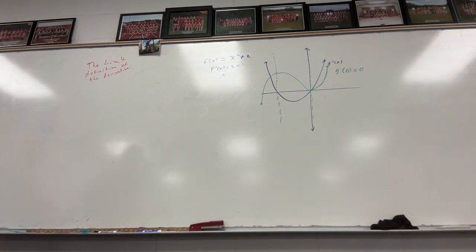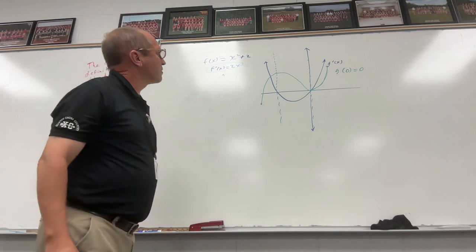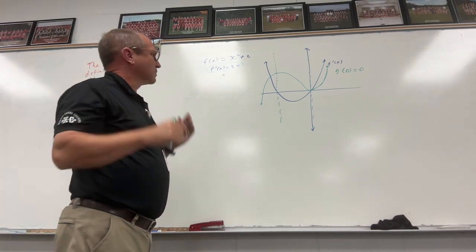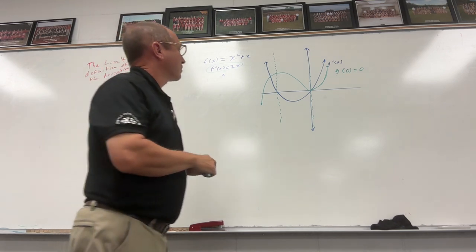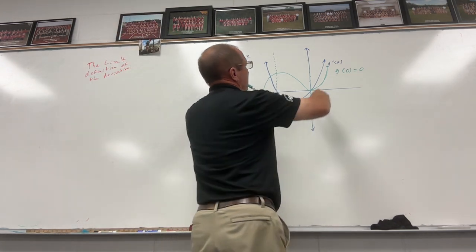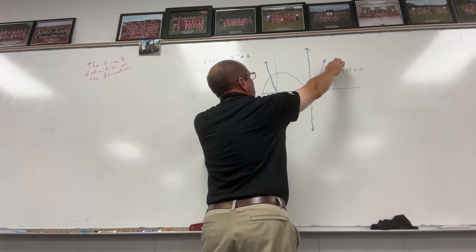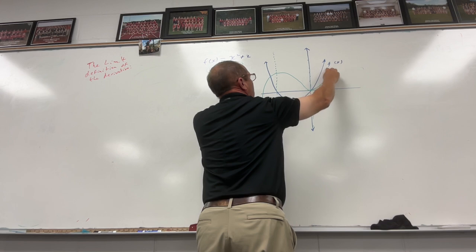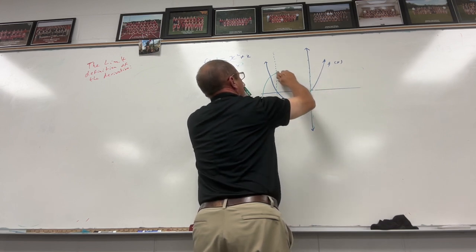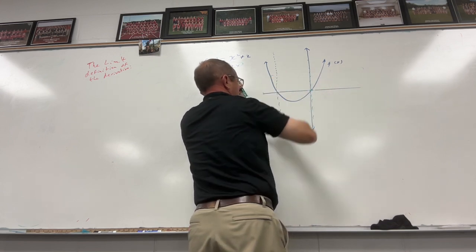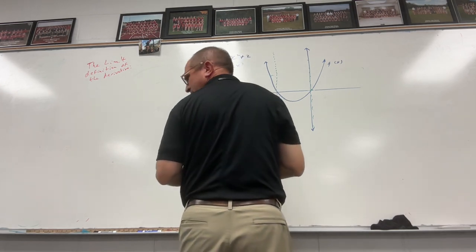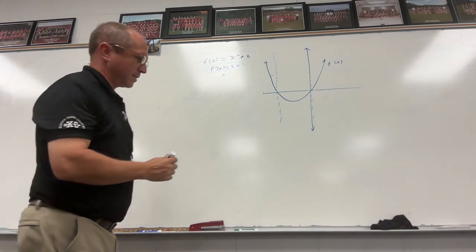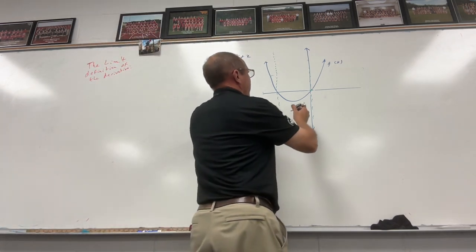So that's a little bit of a look at what we can do as far as the graphing is concerned. Working backwards, now all of a sudden, let's say that this graph right here is the graph of my original function, and I need my black graph to be the graph of my derivative.